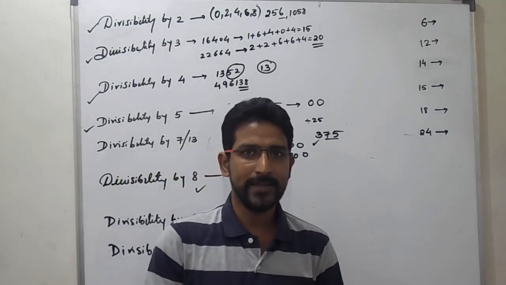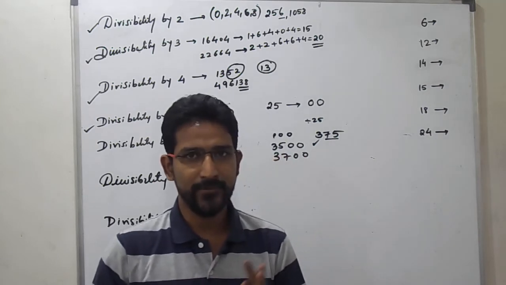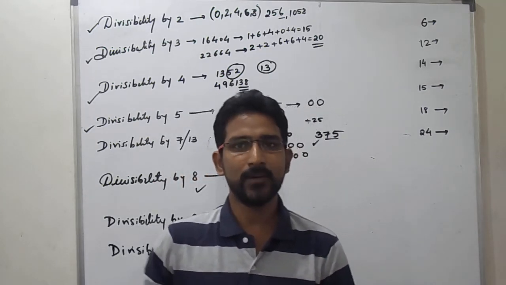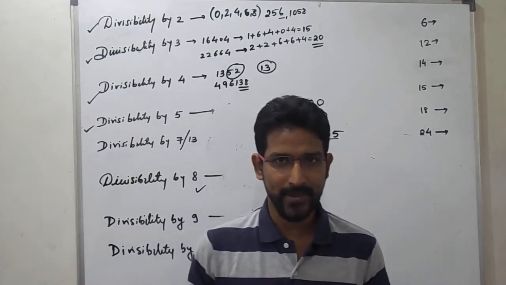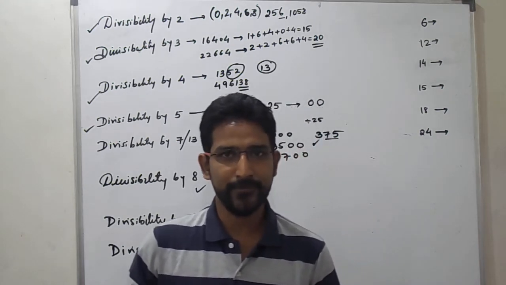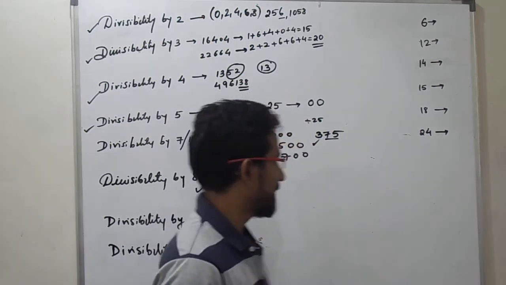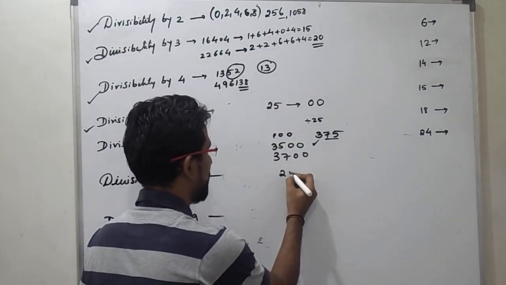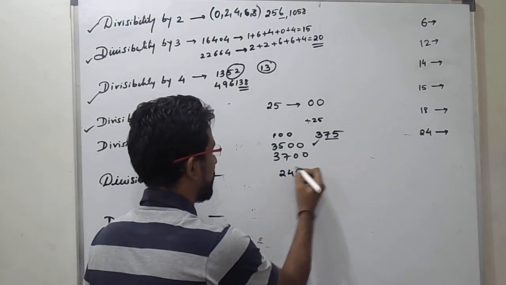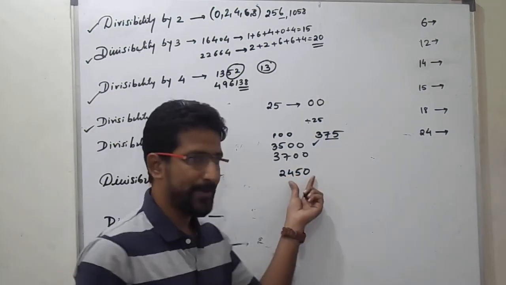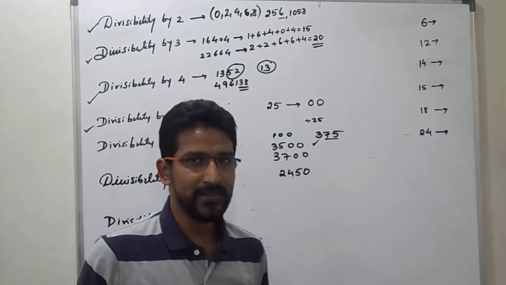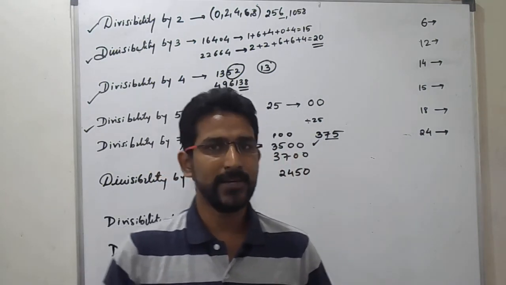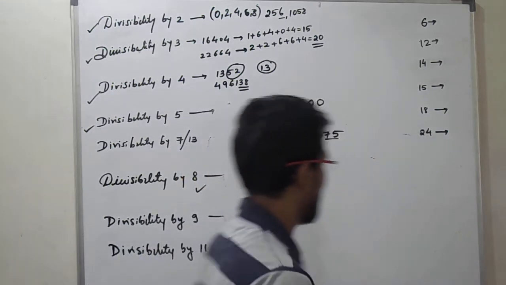So for divisibility by 25, you have to check whether the last two digits are 0 or a number which is divisible by 25, that is 25, 75, 50. For example, 2, 4, 5, 0 is also divisible by 25 because 50 is divisible by 25. So this is how we can check the divisibility by 25.